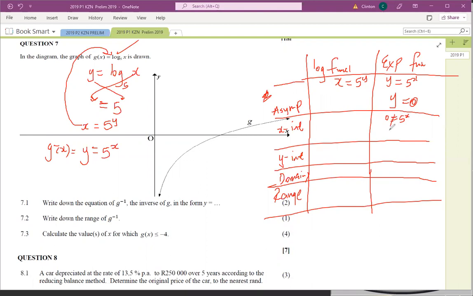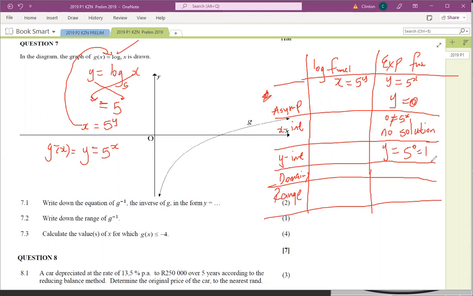Let's try the y-intercept. For the y-intercept, we make x 0. Here you just write no solution. For the y-intercept, I go to my function: y equals 5 to the power 0, which is 1.